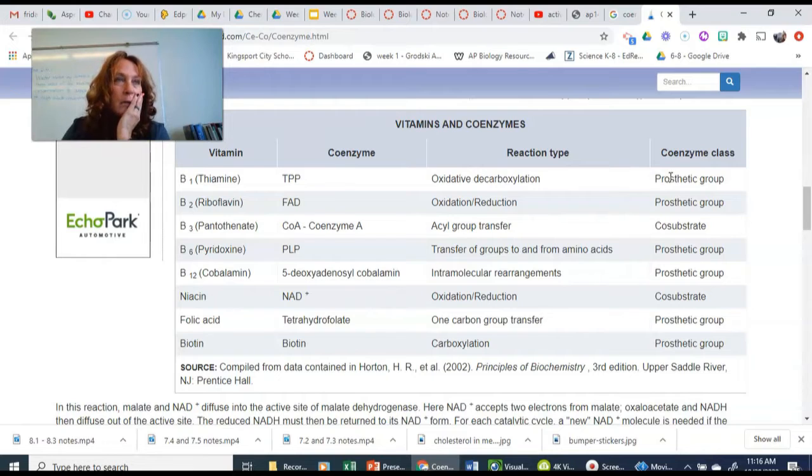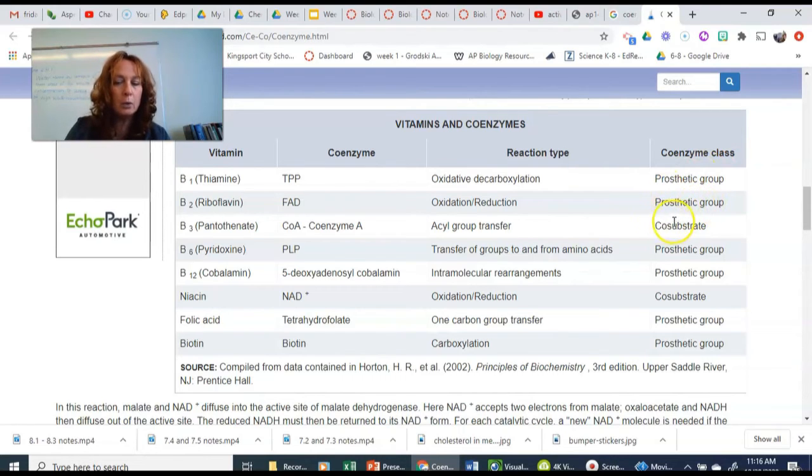If you have seen someone who is a veteran, and they've come back and they're missing a limb, they have a prosthesis, right? So they have this added-on piece that's necessary. That's what a prosthetic group is. So it's going to add on to the shape.